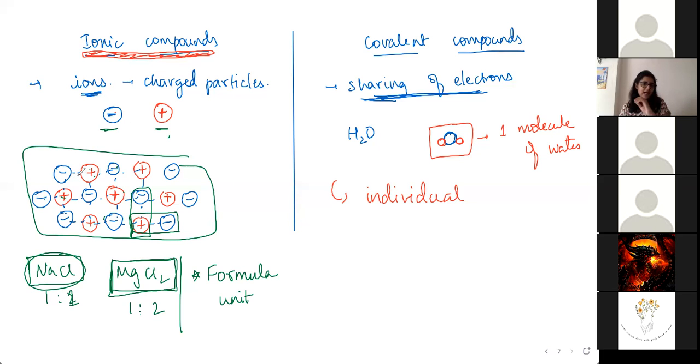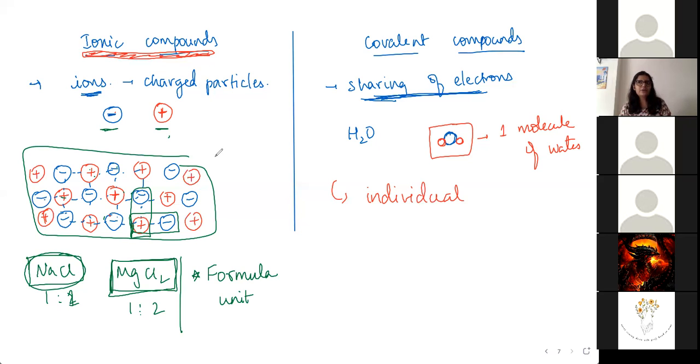With ionic compounds, you will never find a single molecule. It's all a structure, a bunch of positive charges surrounded by a bunch of negative charges. This forms a really big network of ions.